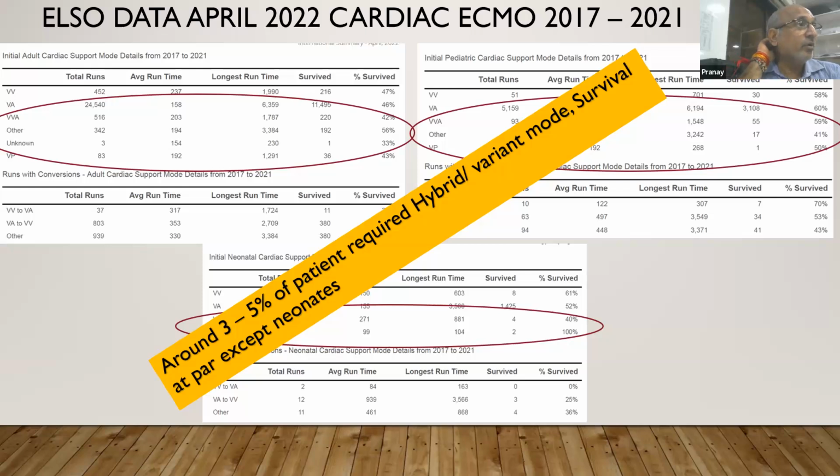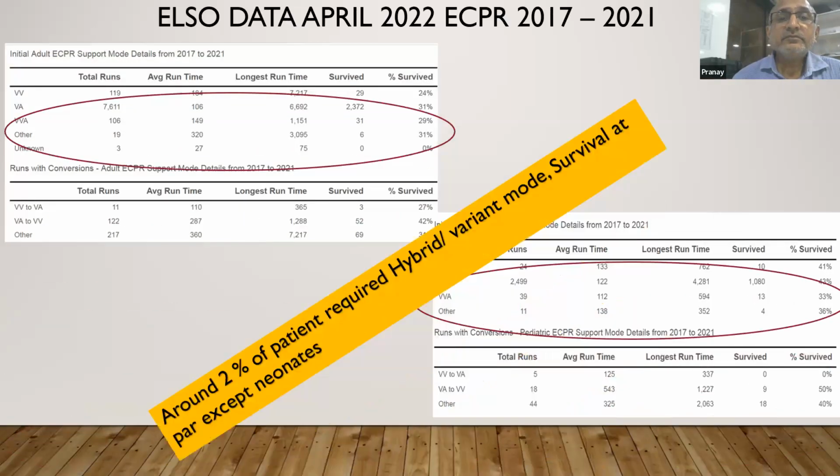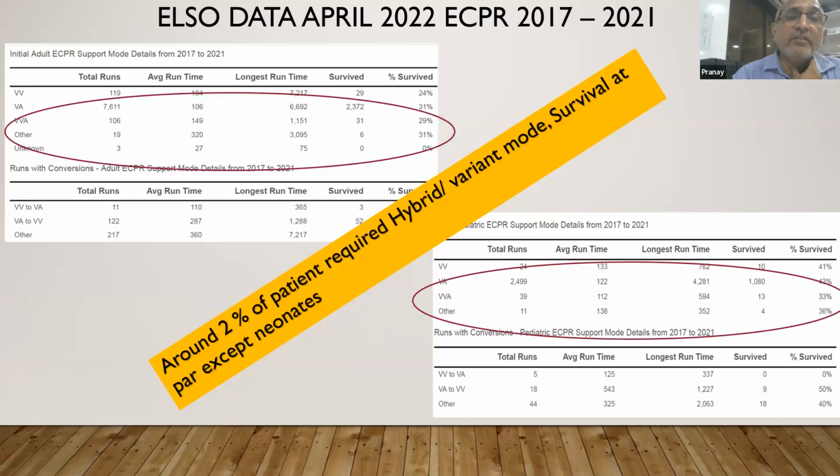So there the outcome is usually better because the heart starts improving. In case of ECPR, when you do adult or pediatric ECPR cases, hybrid ECMO requirement is again 2%, and survival is again going to be better.